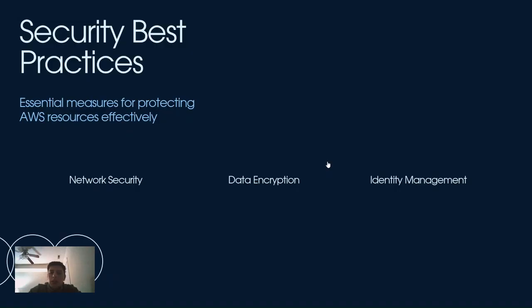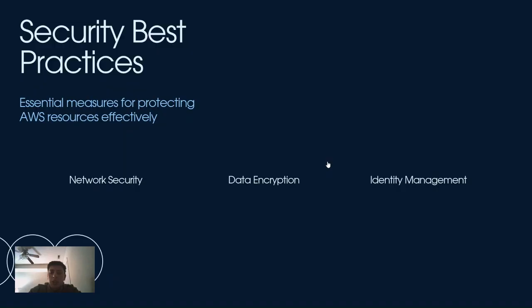Some of the most important security practices in Amazon Web Services include strong identity management, data encryption, and network protection. Identity management ensures that users and services have the appropriate permissions. Data encryption protects sensitive information both at rest and in transit, reducing the risk of data exposure.